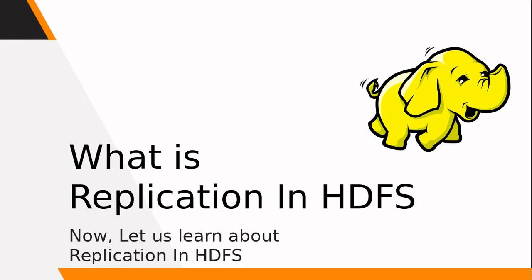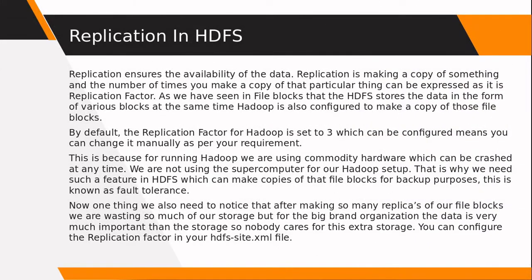Now let us learn about replication in HDFS. Replication ensures the availability of the data. Replication is making a copy of something, and the number of times you make a copy of that particular thing can be expressed as its replication factor.